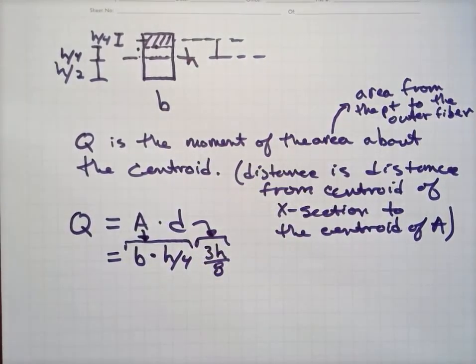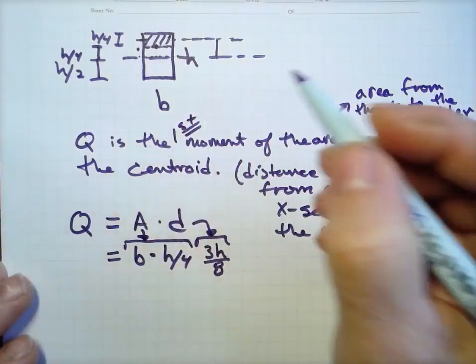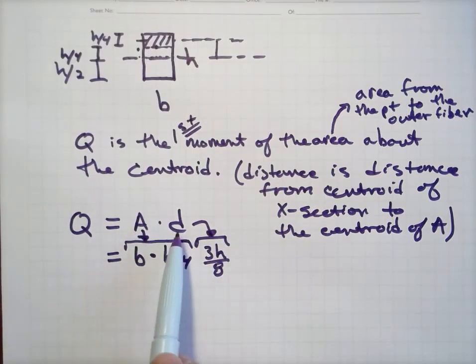There it is. The moment of the area, the first moment of the area, I'm going to put that in here. It's called the first moment of the area. Q is the first moment of the area about the centroid. Area is A. Moment is area times distance.